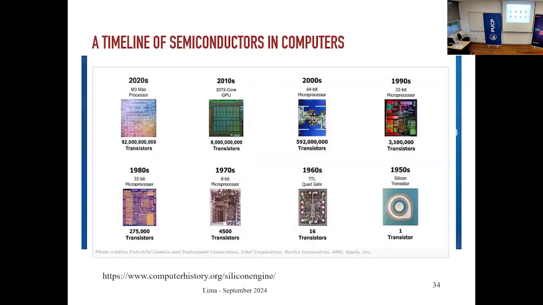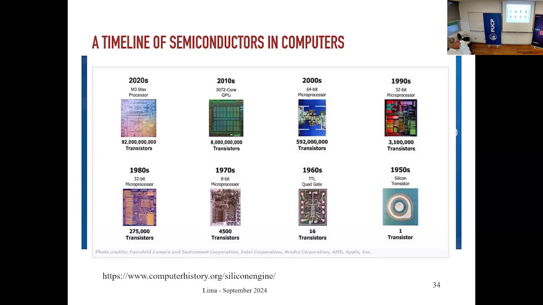The evolution of computers, a timeline, each decade. In the 1950s, one transistor. In the 2020s, 92 billion transistors in a single chip.